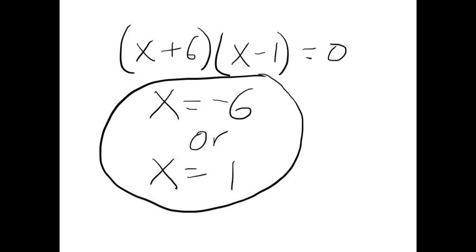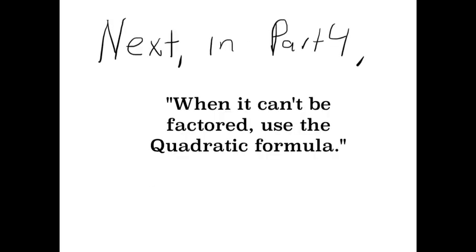And that's what we're looking for. So that was 3 different examples of factoring. Some of them had negative numbers in them. Not all quadratic equations, though, can be easily factored. In fact, not all quadratic equations can be solved at all.